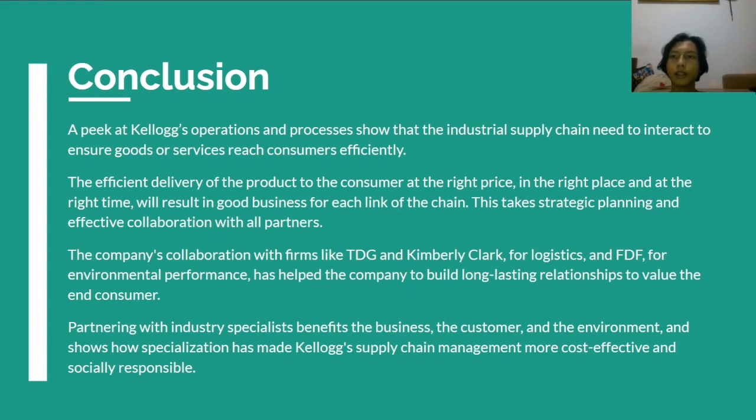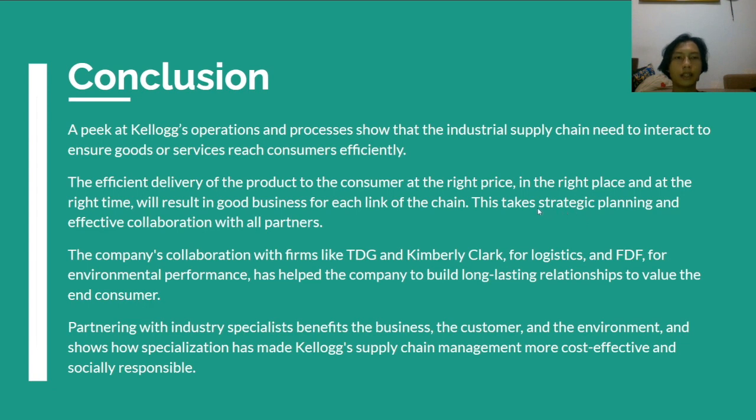So in conclusion, a peek at Kellogg's operation and process shows that industrial supply chains need to interact to ensure goods and services reach consumers efficiently, so the customer will get the product in finest quality, and the efficient delivery of the product to the consumer at the right price, in the right place, and at the right time will result in good business for each link of the chain.